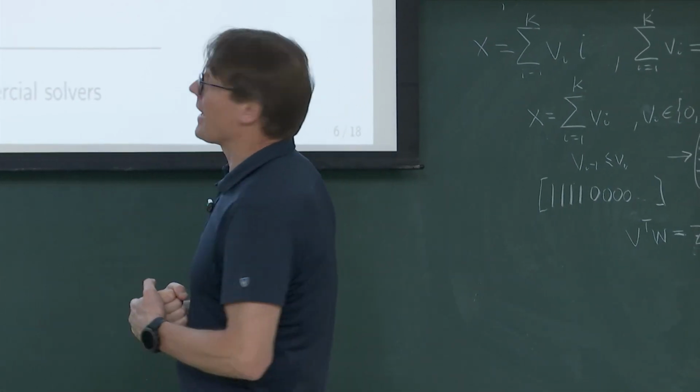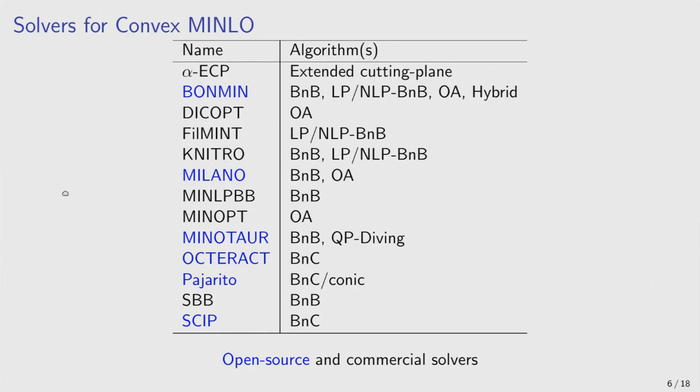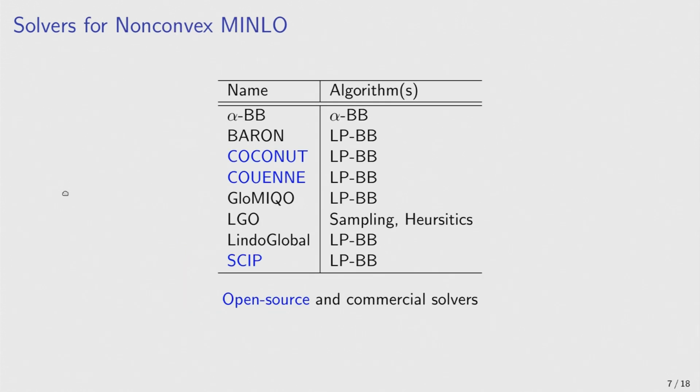It doesn't work very well anymore, but it's one that I wrote when I was a PhD student. Minotaur is a code that Ashutosh wrote with us when we were at Argonne and still being developed now at IIT Bombay. And SCIP is a really nice tool by the Zuse Institute in Berlin. So those are some of the ones. And Pietro, I think, worked on Bonmin, which is the branch and bound solver. FilMINT is another solver that I've worked on as well.